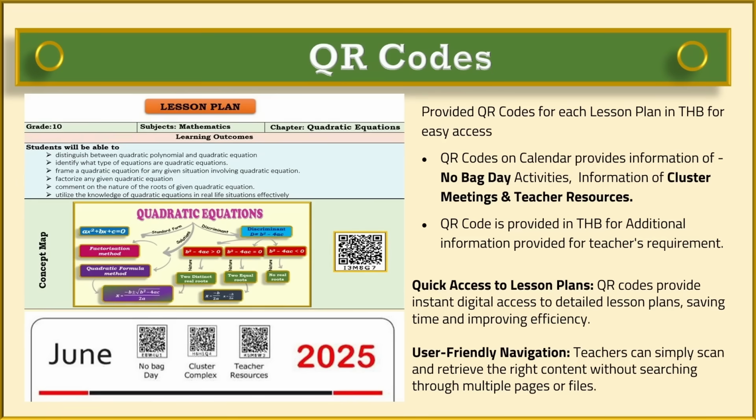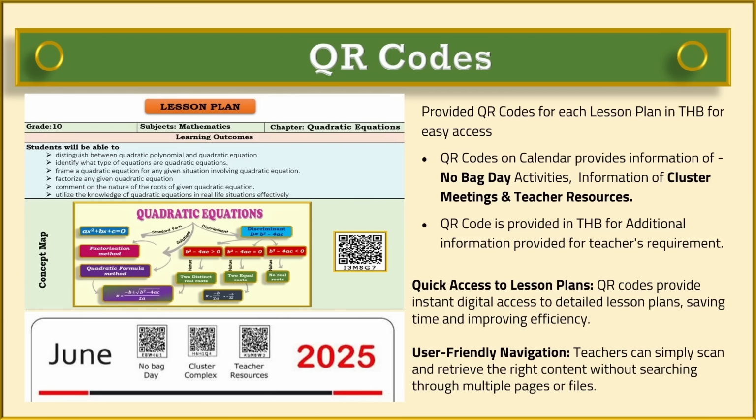We can find QR codes which give more useful information to the teachers. QR codes are provided for each lesson in the teacher handbook for easy access. QR codes on the calendar provide information on no-bag day activities, information on cluster meetings, and resources for the teacher.